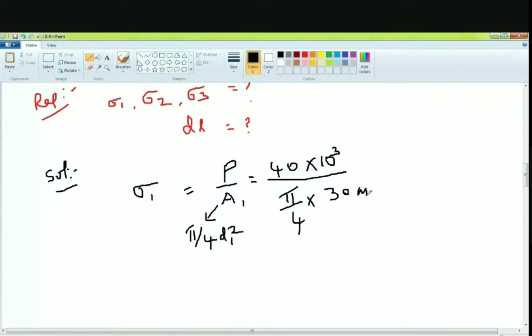I don't want to write, so use the calculator and tell the value. What is the value of sigma 1? In the meantime, I'll write the sigma 2 also. Take a calculator and calculate that value.